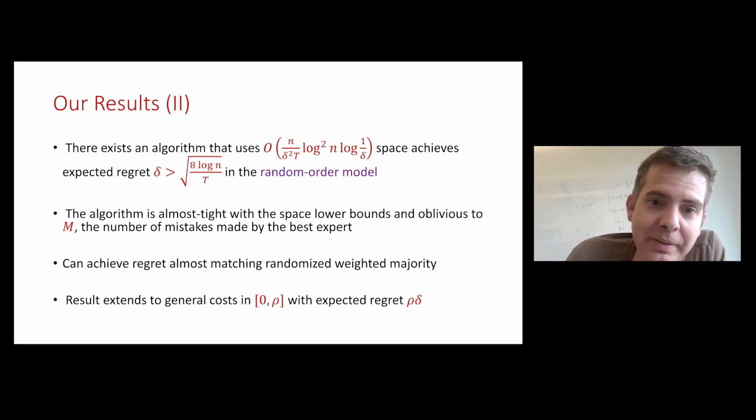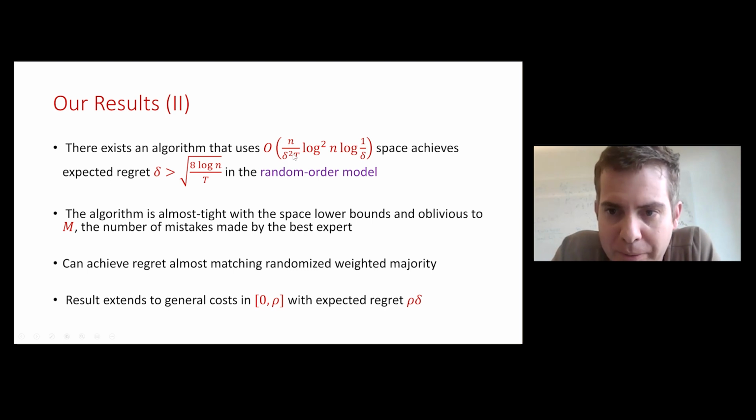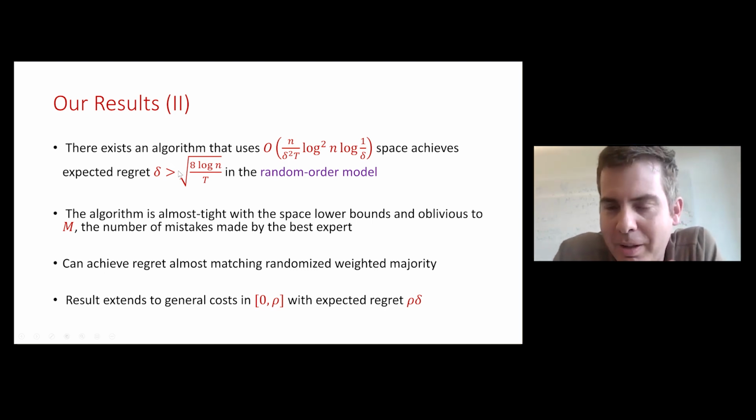And what we get here is an algorithm that uses the same quantity, n over delta squared t memory, up to log factors. And delta can be anything, up to the information theoretic limit, up to constant factors. Okay, so you get this smooth trade-off that matches the lower bound that also holds in the random order model.